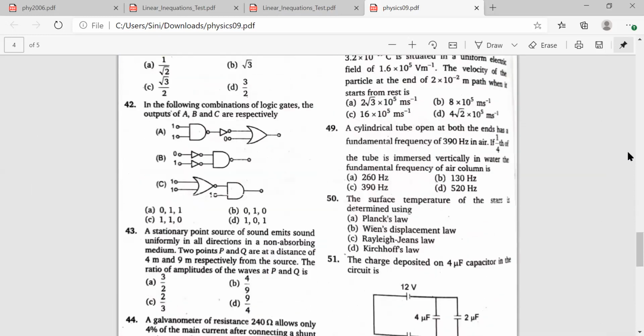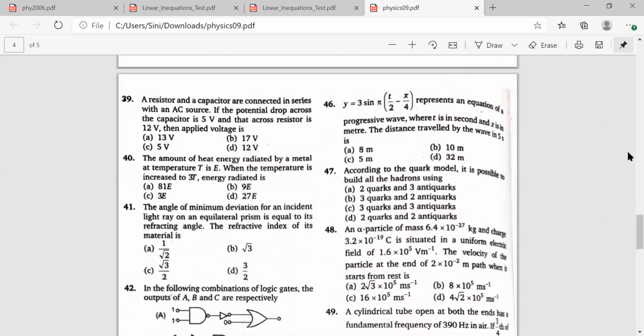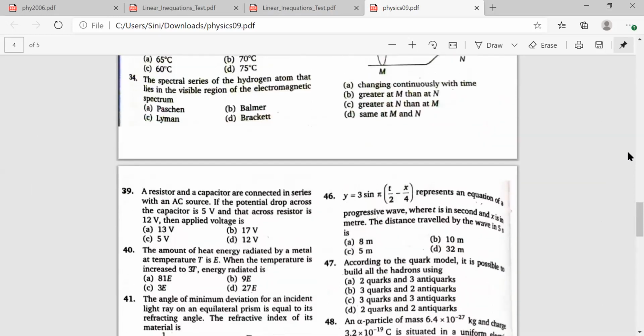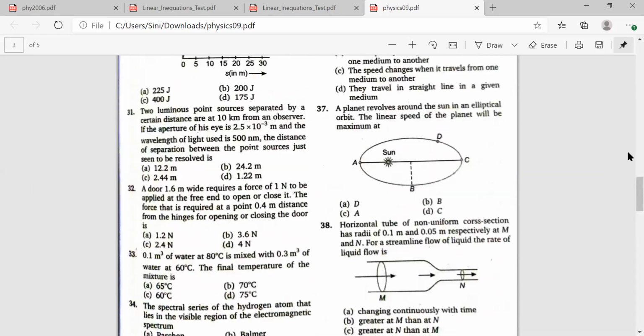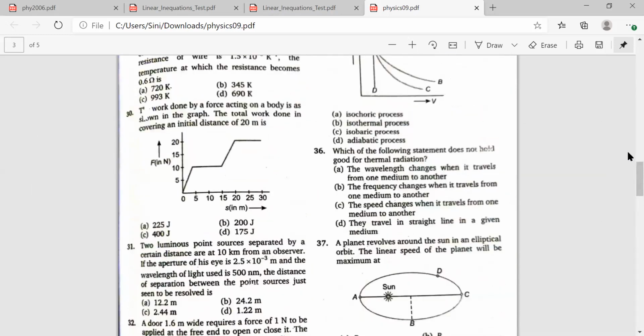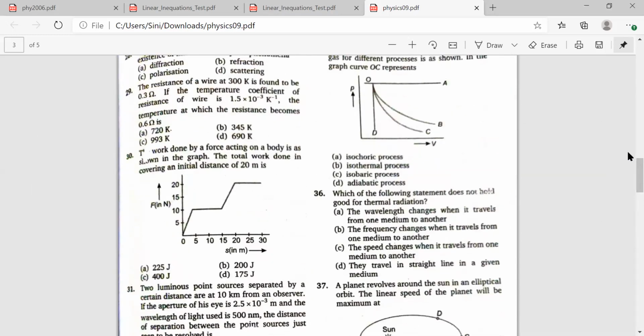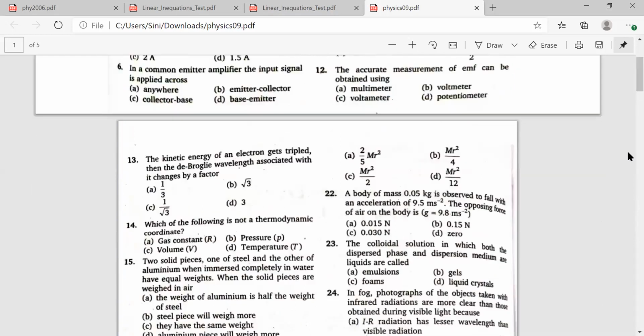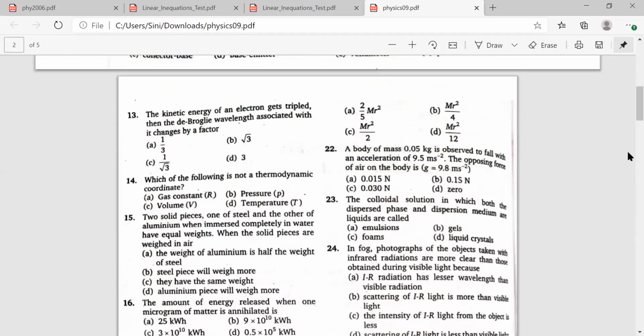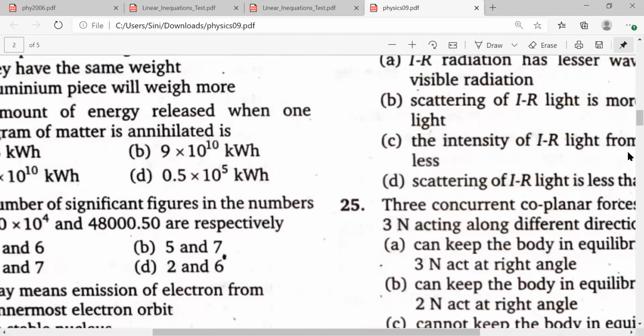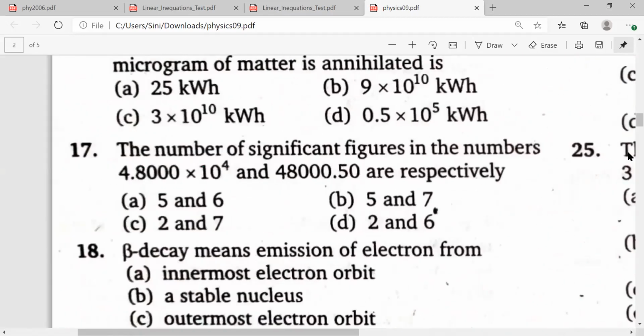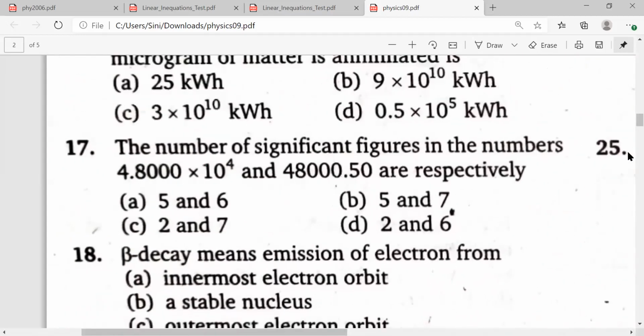Let me see the question. Question number 17.